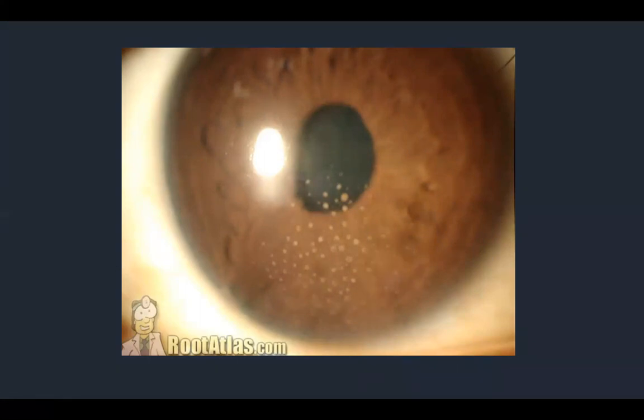I would want to know exactly what entity this is. So it means you will refer to the uveitis team. Yes. Now I'm a glaucoma specialist dealing with this case. Yes, we're in the glaucoma station.